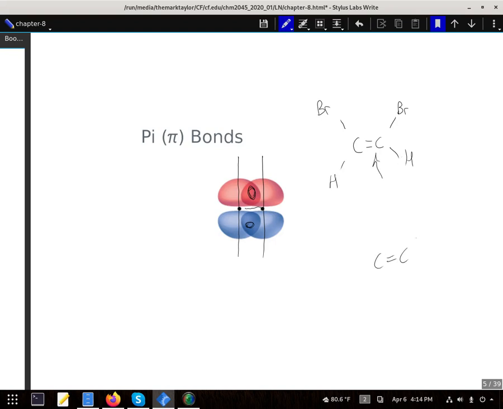So this molecule and this molecule were two totally different things. The reason it can't rotate is because the only way for this thing to rotate is for those p orbitals to no longer be parallel. One of them would have to rotate. That would break that pi bond. The only way it can happen is to break the pi bond.